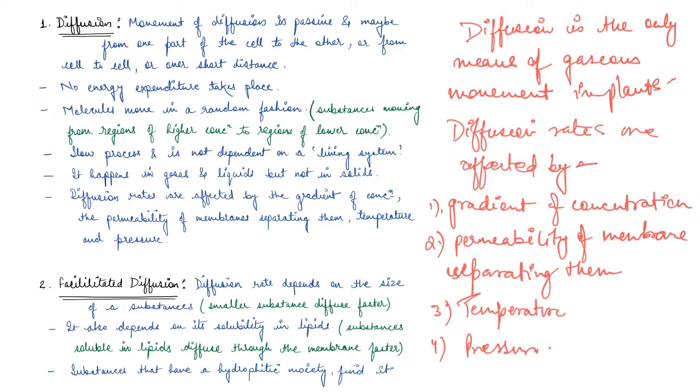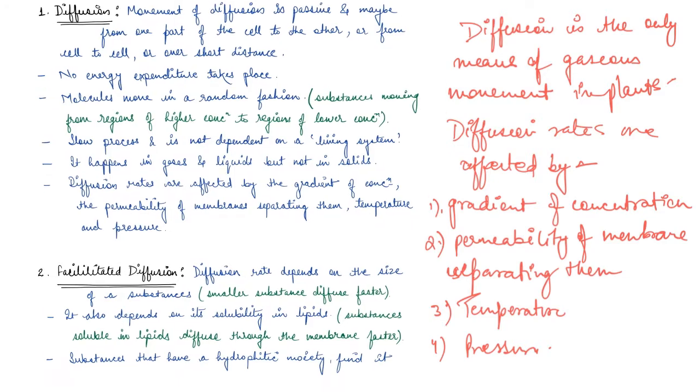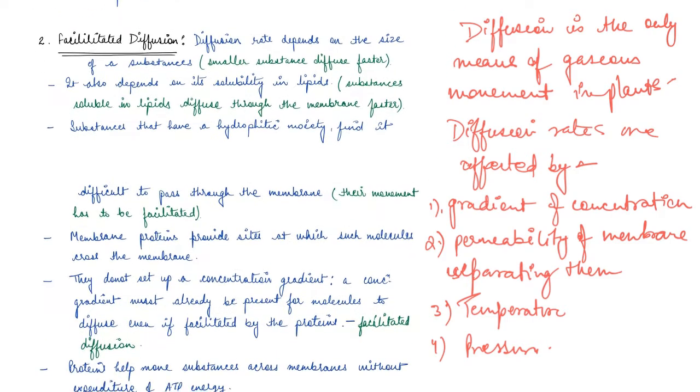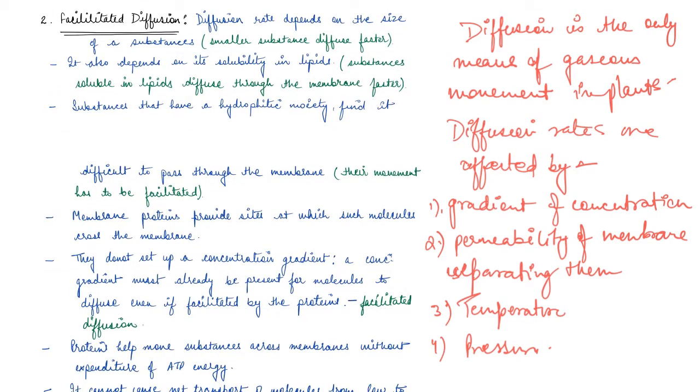Now we'll see facilitated diffusion. What is facilitated diffusion? Diffusion rate also depends on the size of the substance. What we studied till now is that a gradient must already be present for diffusion to occur, and the diffusion rate also depends on the size of the substance.